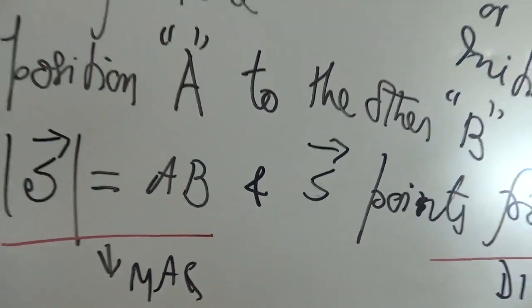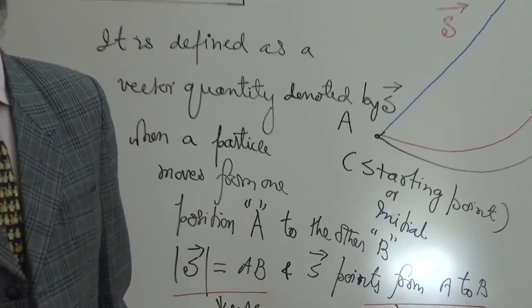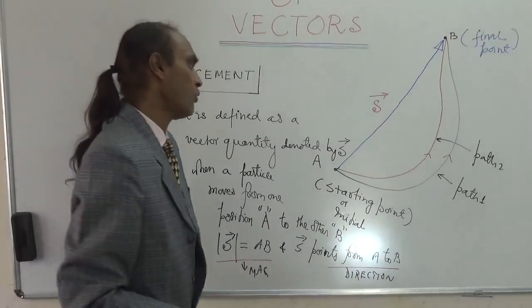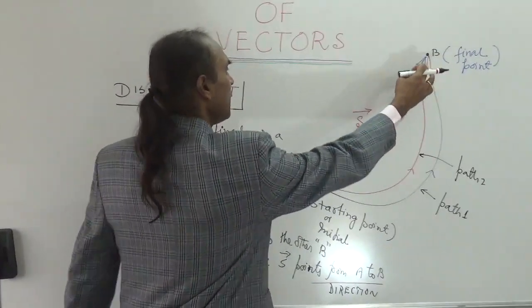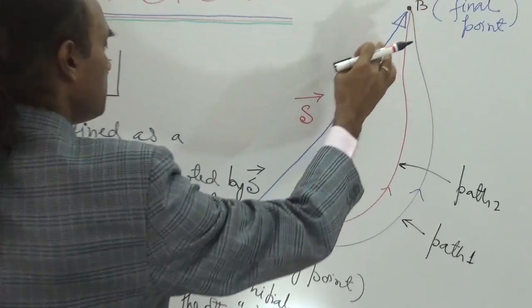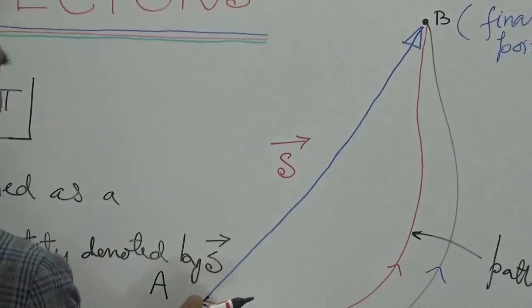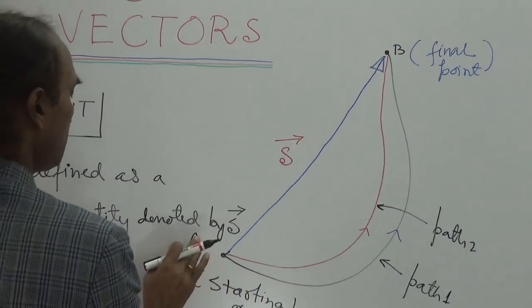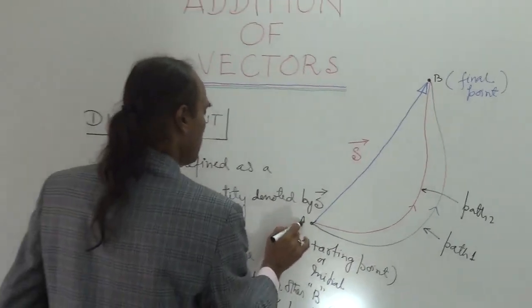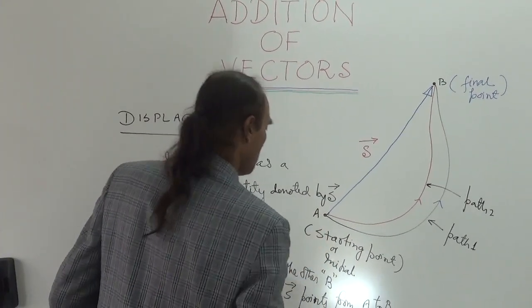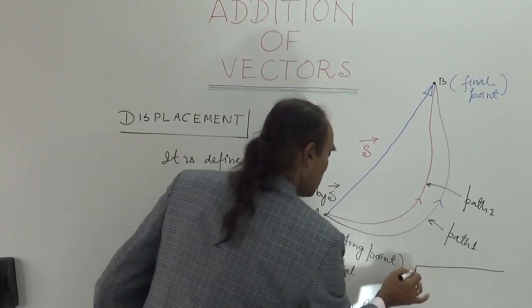This is the first fundamental vector after position. Of course, displacement is nothing but the position vector of the final point with respect to the initial point. We can note in this way.